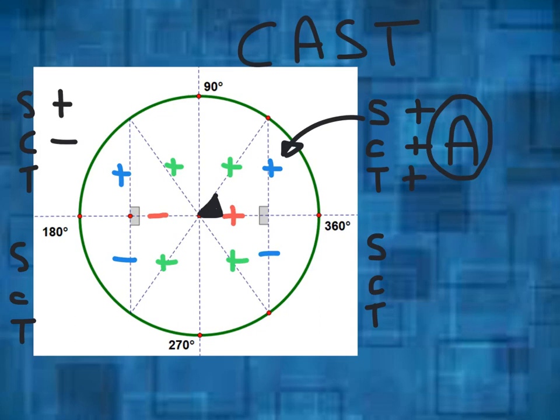Tangent will also have that same issue because opposite to adjacent will be a negative answer. You could test these out, like if you typed in the cosine of 100 degrees, you'd get a negative answer. So let's summarize this value over here as well. Sine is the only positive that is taking place there.